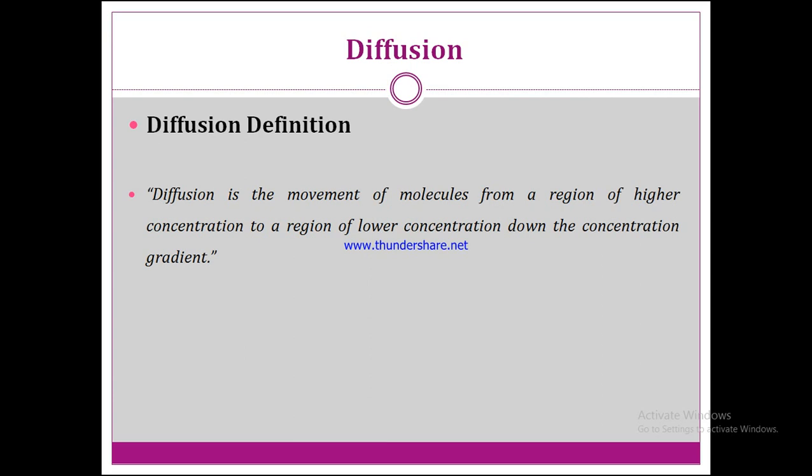When the semiconducting material has been formed, the impurity material is to be added to the purest form of material. That process is called diffusion.